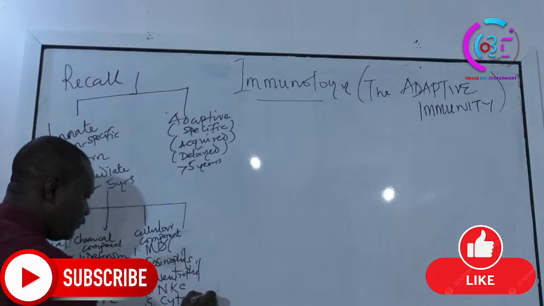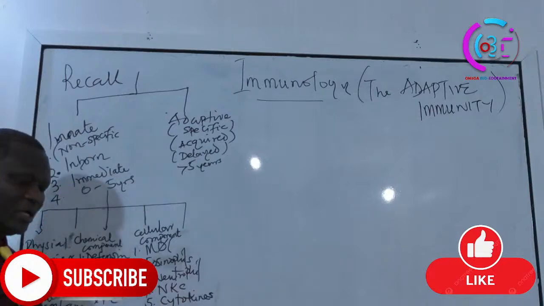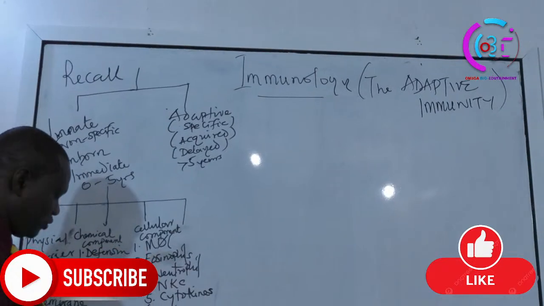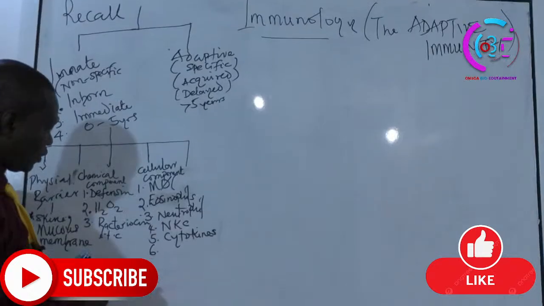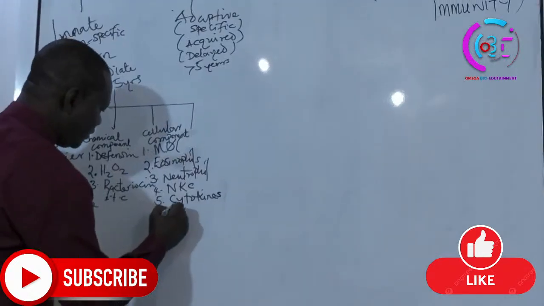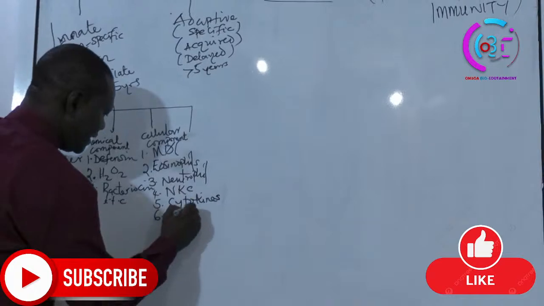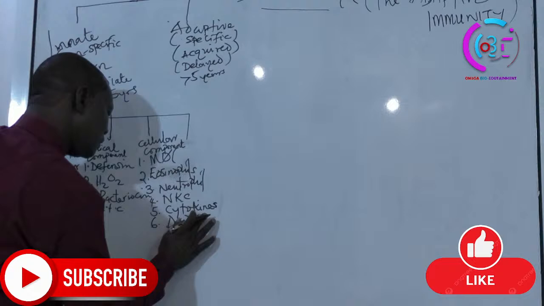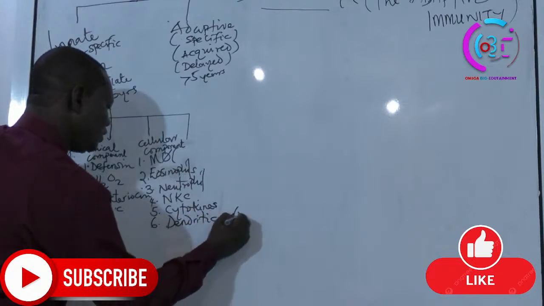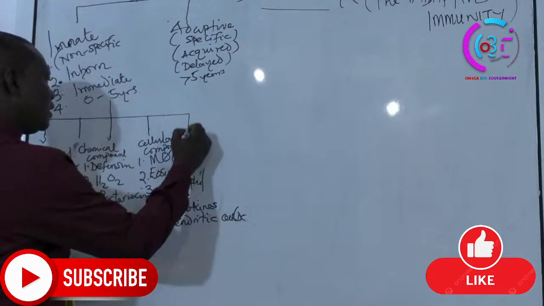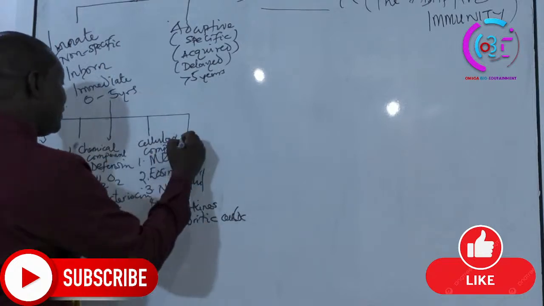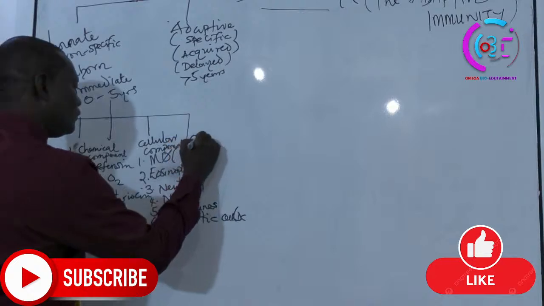That is, they bring the immune system back after it has been challenged by pathogens. Then we also looked at dendritic cells, DC. Then the fifth part is the complement system.